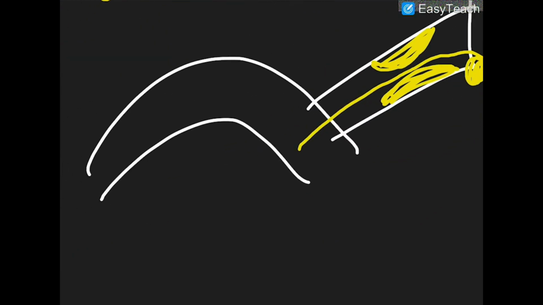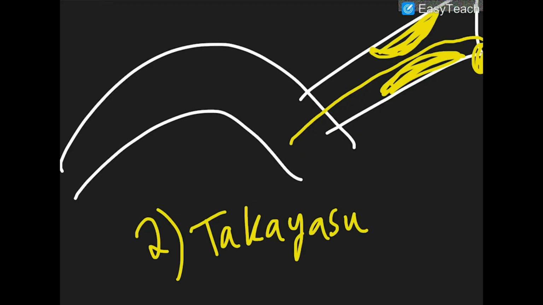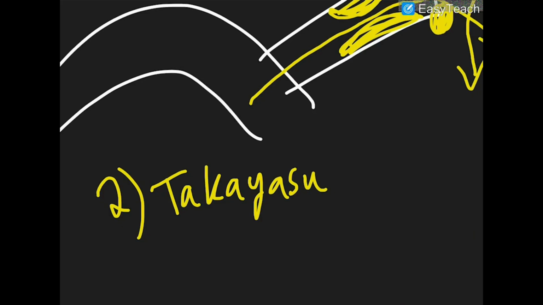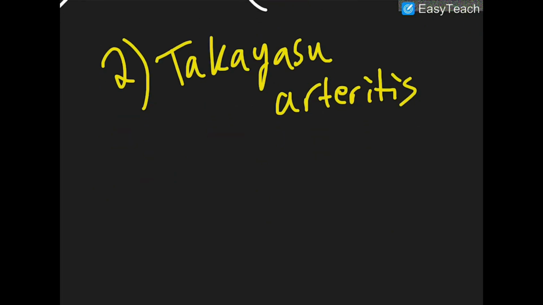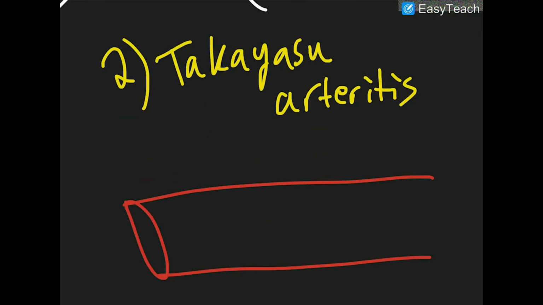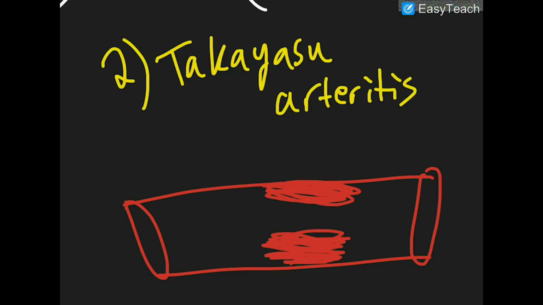So that makes sense. Another cause that we should keep in mind is Takayasu arteritis, right? And we'll talk about that in our vascular system playlist. But Takayasu arteritis is basically granulomatous inflammation of your arteries, okay? Which will cause fibrosis and intimal thickening, right? So you're going to get fibrosis and thickening of your major arteries, in this case, your subclavian artery, proximal to your vertebral artery, right?